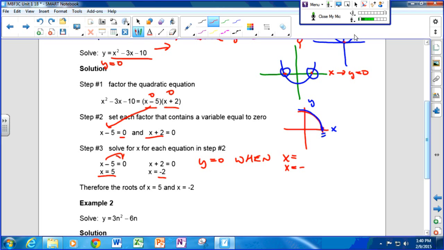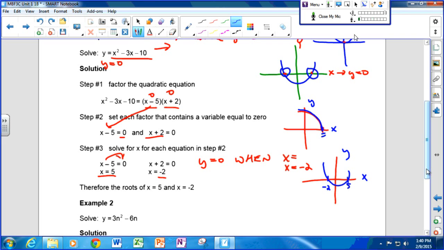If I was going to plot this on a graph, this is my x, this is my y, basically this is going to be 5 right here, and this is going to be negative 2. So that tells me something about the parabola.